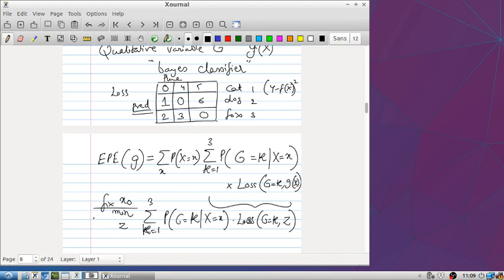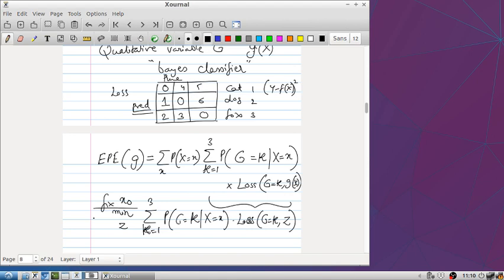So how do you minimize this? The way to minimize this quantity is to set z actually equal to k.